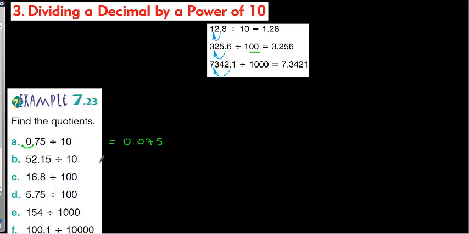And 52.15 divided by 10, it means that there is only 1 zero. That's why we are going to move 1 decimal place, so it's going to be equal to 5.215.